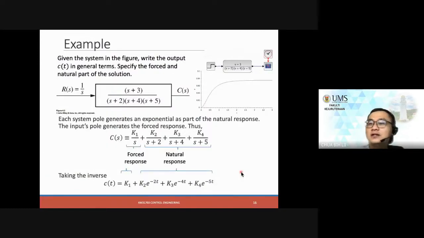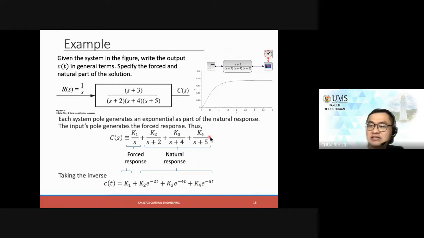So take this example again: given a system in this figure, write the output in general terms, meaning in this time response format. What you need to do is take the transfer function, a very straightforward open loop forward system, with a step input 1 over s, multiply them together, and break them into partial fractions.